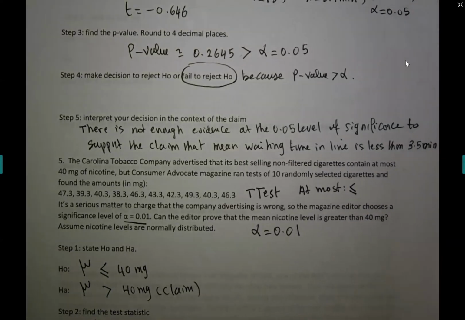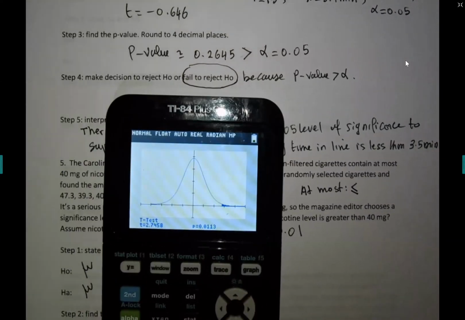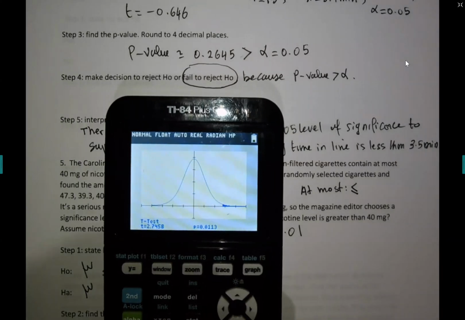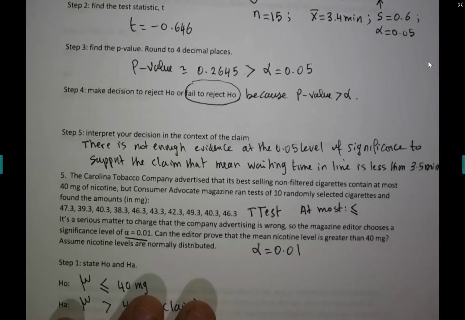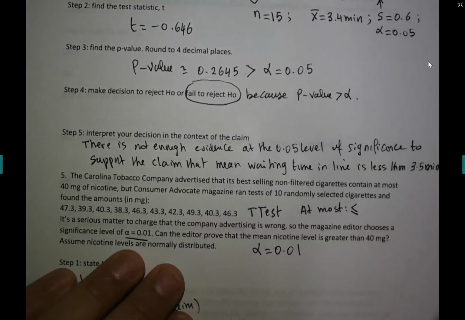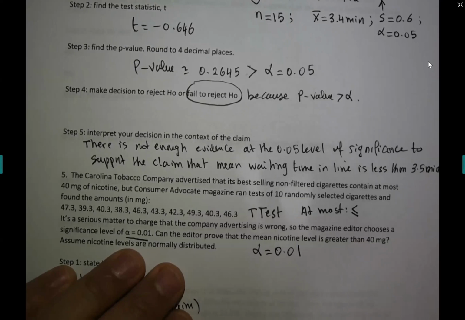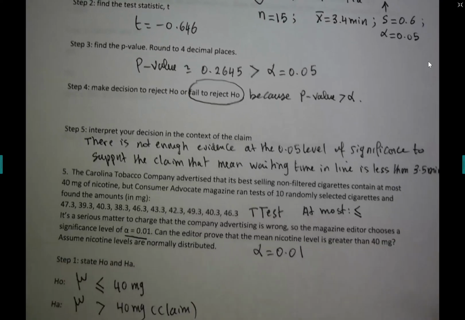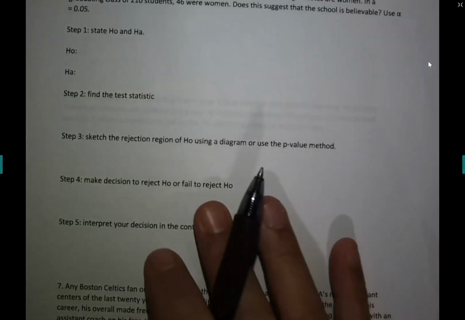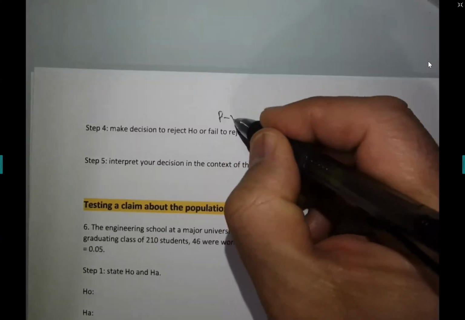You did? I got the same t value, but not the same p value. Let me double check. Yeah, if you don't change the sign before you hit calculate, it's not going to give you the correct p-value. That's why I said it's very, very important you do this, guys. Okay, so the p-value, let me write it down here.